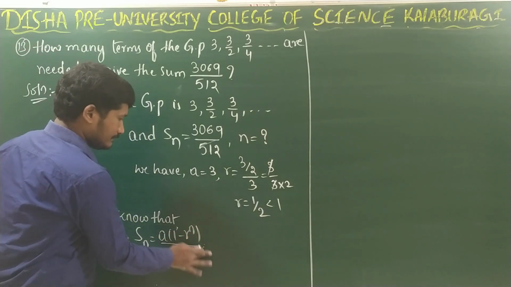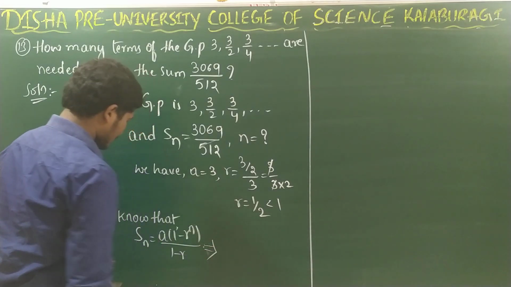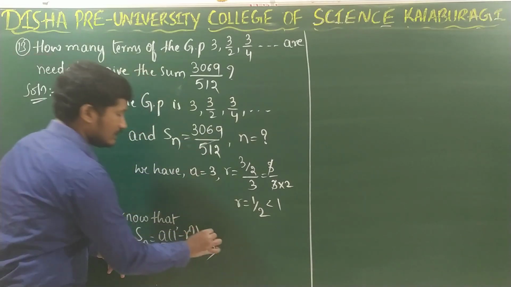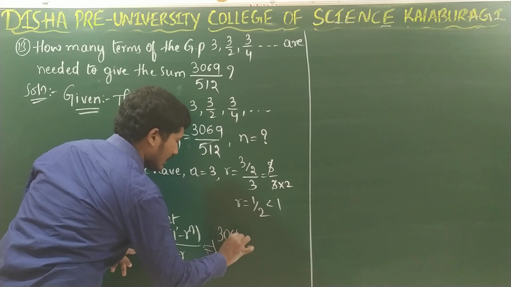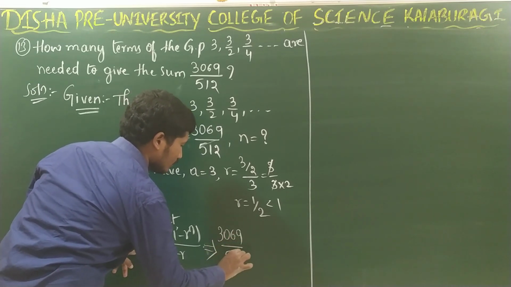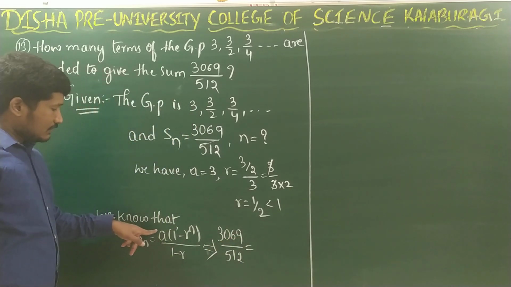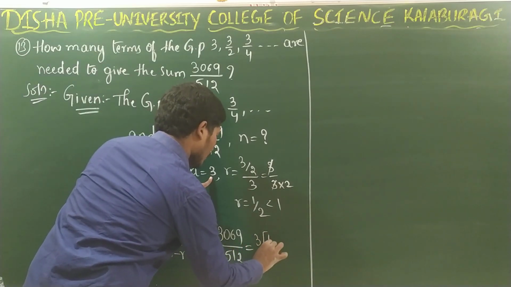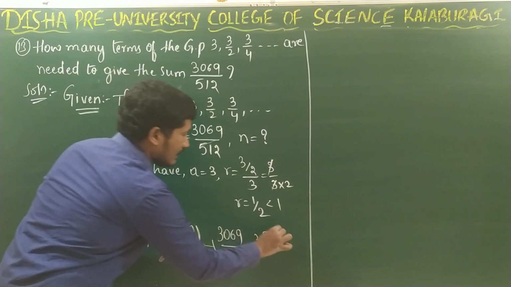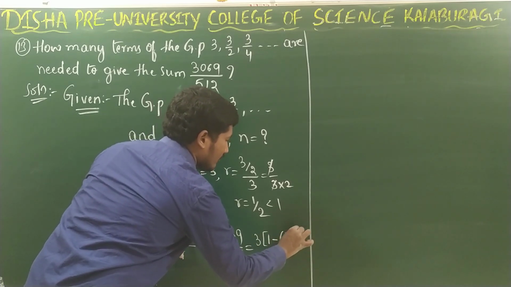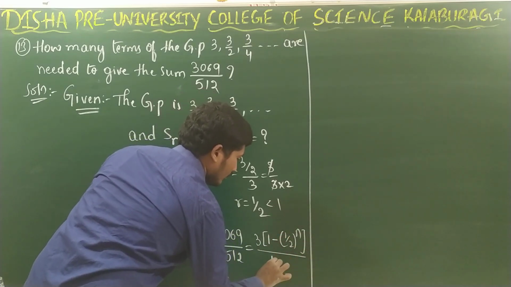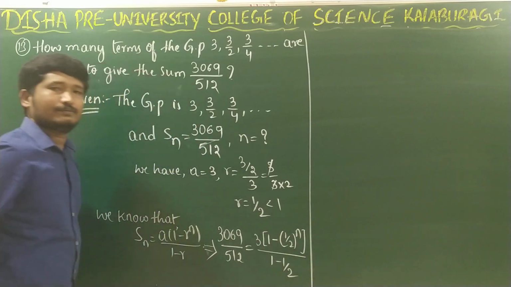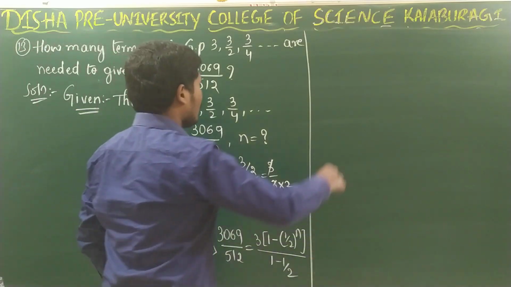See, this implies Sn is given as 3069 divided by 512 is equal to, the value for A is 3, into 1 minus, the value for R is 1 divided by 2, whole power n, whole divided by 1 minus 1 by 2. Right? So let us see what happens.